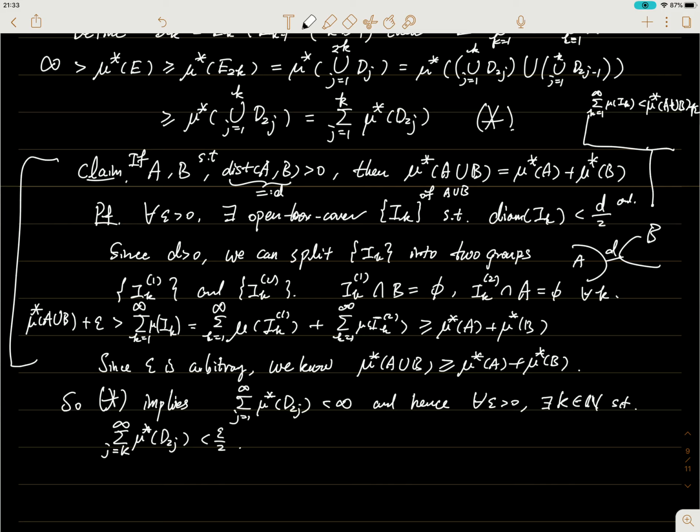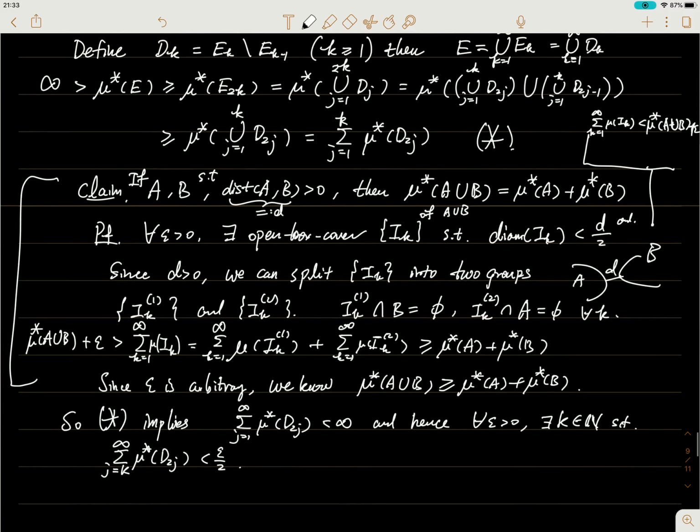And similarly, we have shown this is true for the even numbered Dj's. So we have D2, D4, and we can also take this side.